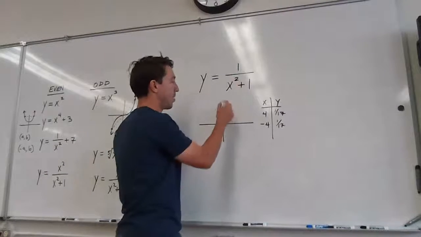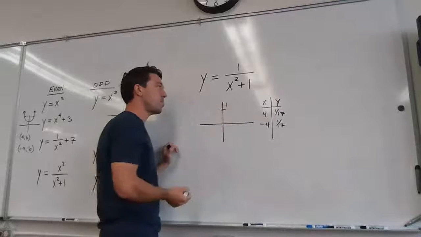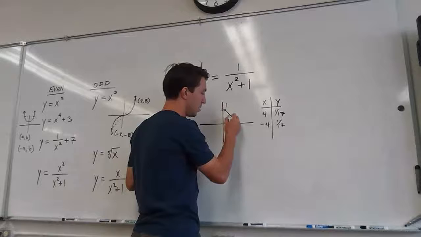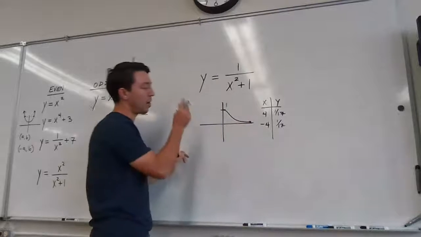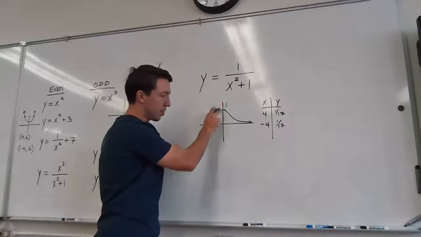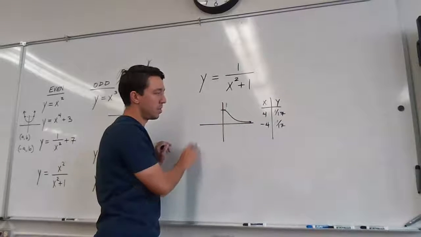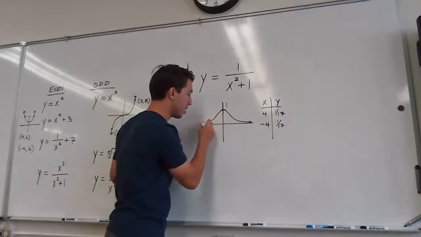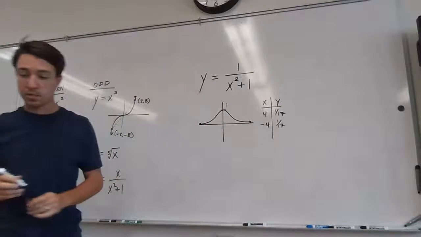So anyway, the y-intercept is at (0, 1). What's the end behavior? All you have to do now is recognize that it starts at (0, 1) and has to approach 0 on the right. Because of the symmetry, it must do the exact same thing on the left.